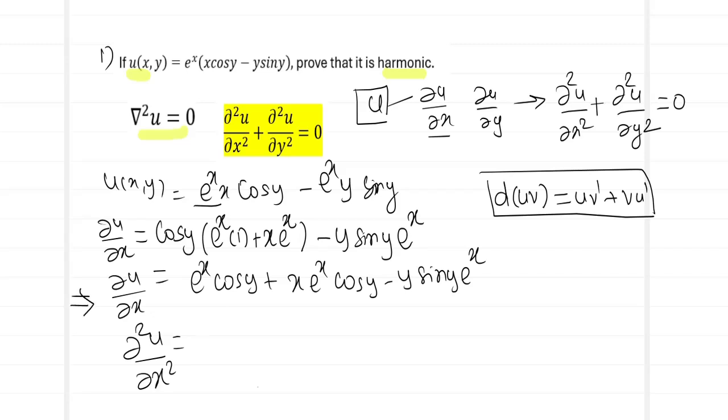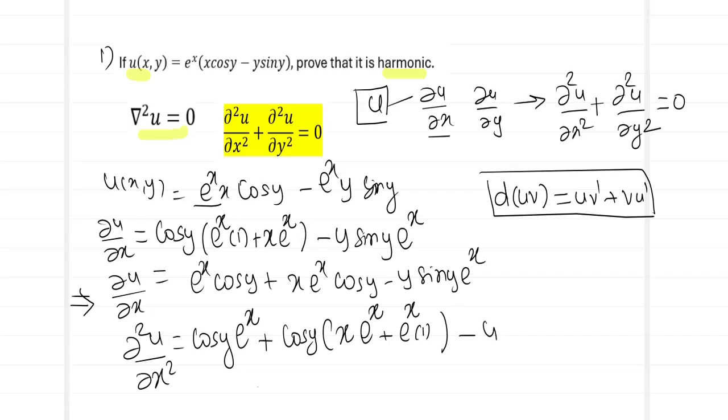So with respect to x, cos y is going to be a constant. e power x on differentiation is e power x, plus the second term, cos y is going to be a constant. x e power x on differentiation: x you keep as such, e power x on differentiation is e power x, plus e power x you keep as a constant, x on differentiation is going to be equal to 1, minus the next term, y sin y is going to be a constant, e power x on differentiation is e power x.